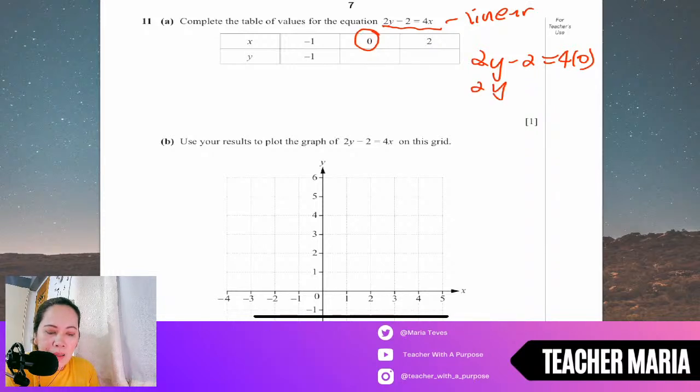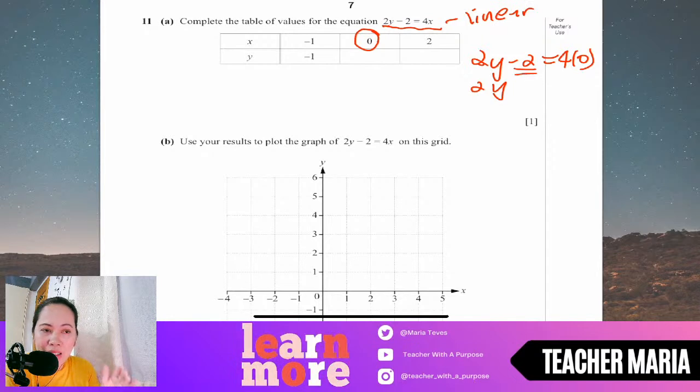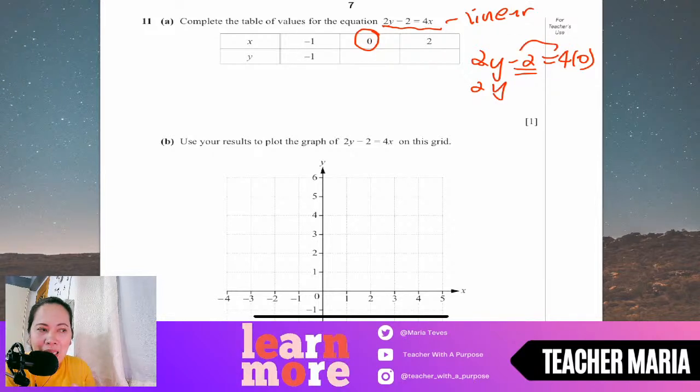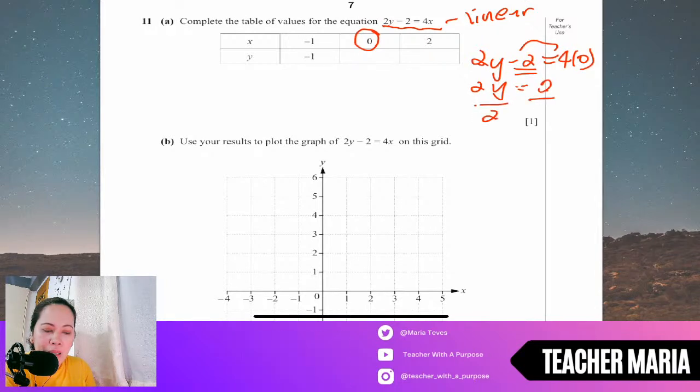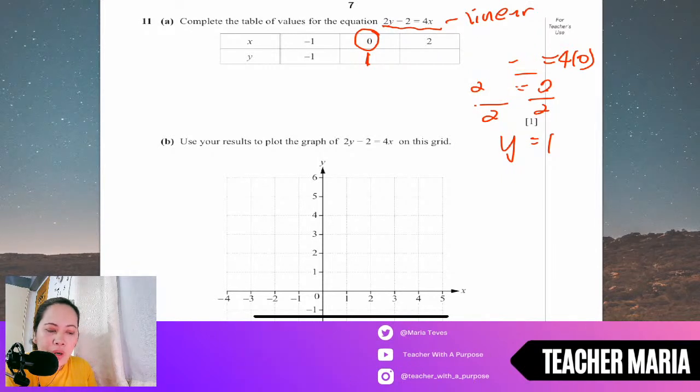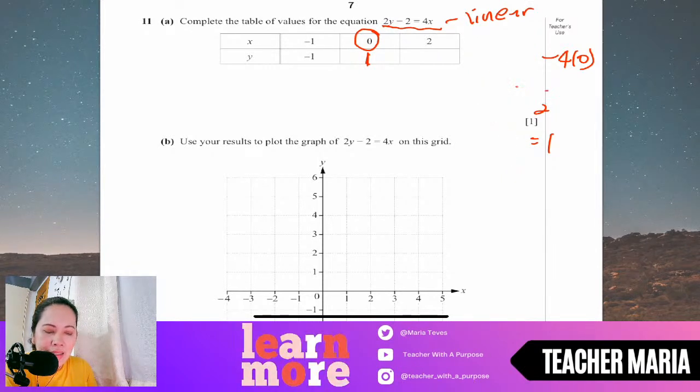So here, x is 0. You just need to substitute: 2y minus 2 equals 4 times 0, meaning x is 0. So 2y, you transfer 2 to the other side of the equation. Since 2 here is a minus, when you transfer that, that becomes a plus. And of course, 4 times 0 will be 0. So that will be positive 2. Divide by 2, y will be 1. So that will be 1 here. All right? So that is for when x is 0.